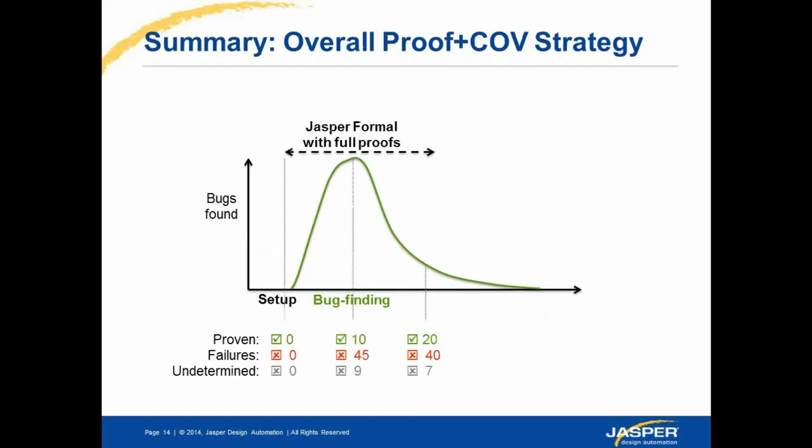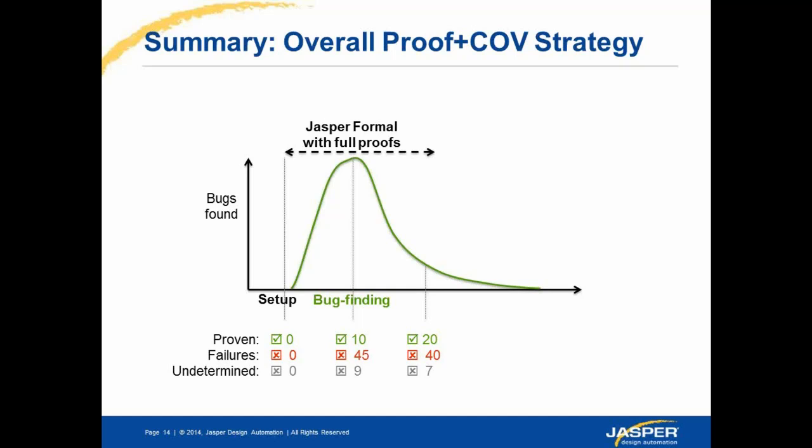So from a verification project perspective, let's just consider the graph here. On the y-axis, you have bugs found during the verification cycle, and on the x-axis, you typically have the verification progress by the verification engineer. Initially, you write a bunch of assertions and try to verify your RTL.